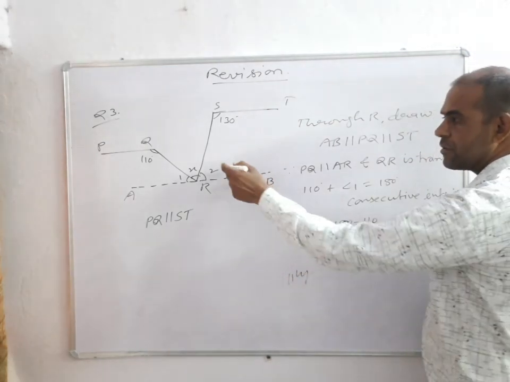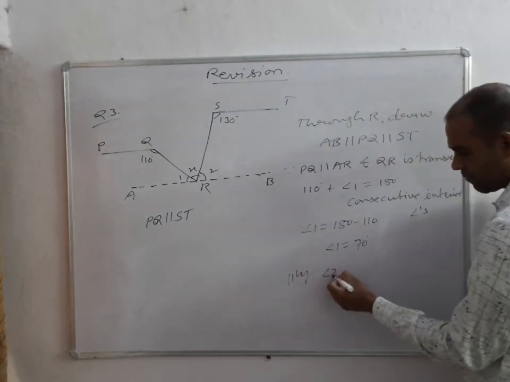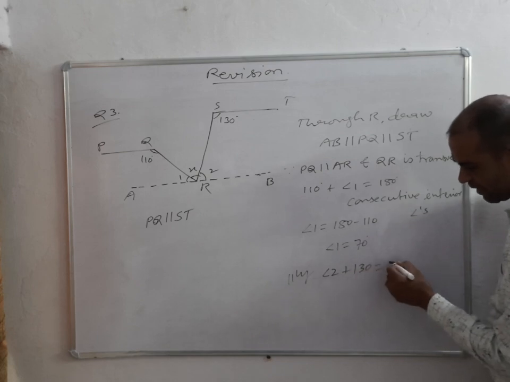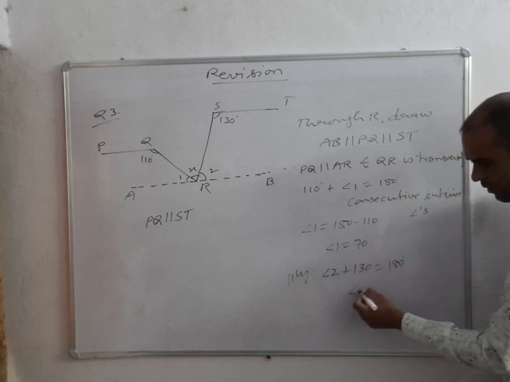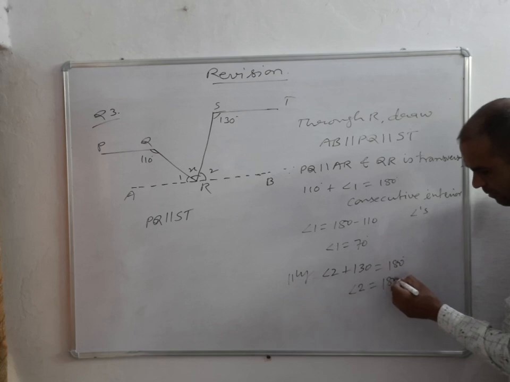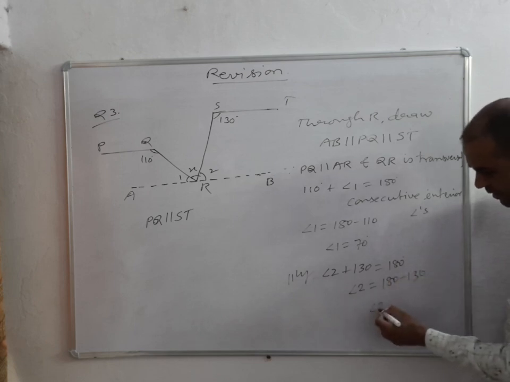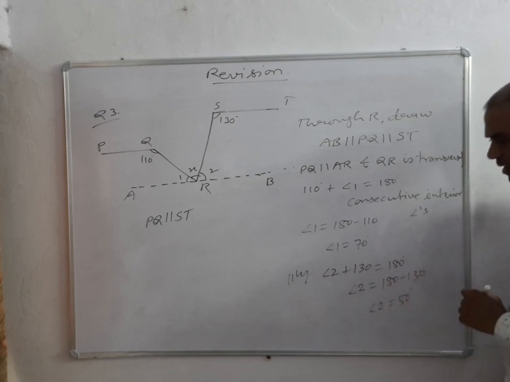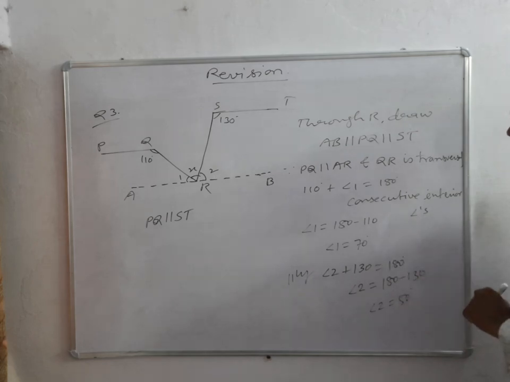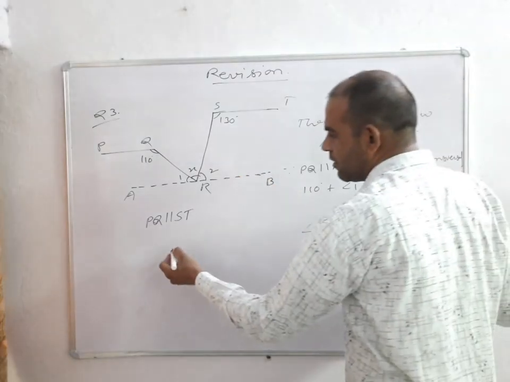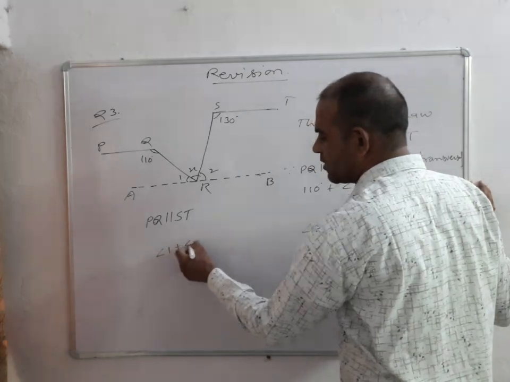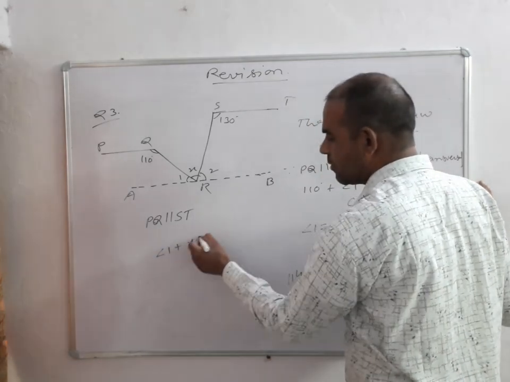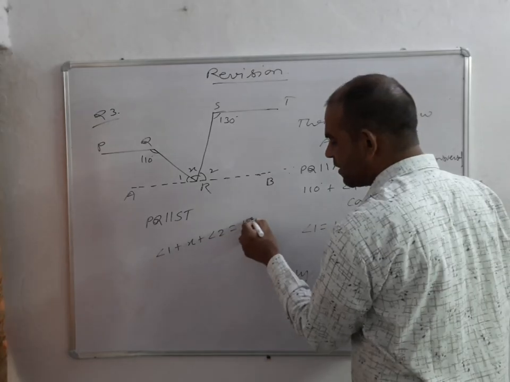Similarly, sum of this angle is angle 2 plus 130, 180. So angle 2 is 180 minus 130, 50 degrees. So angle 1 and 2 ये दोनों वैल्यू हो गई. Again angle 1 plus x plus angle 2 is 180 degrees.